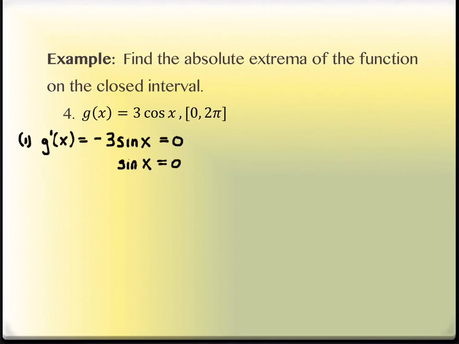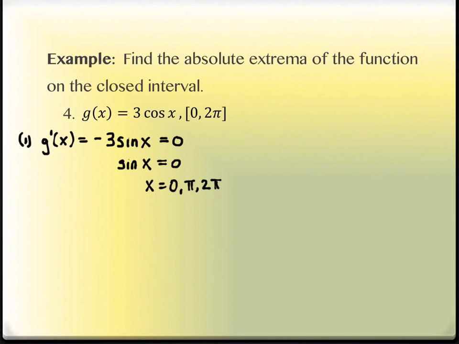So unit circle, between 0 and 2 pi, where do I get sine values of 0? 0 and pi and 2 pi. And this is just because of the interval they gave us, it happens to be that the endpoints are 2 of these locations as well, right? It just happened to work out this time.